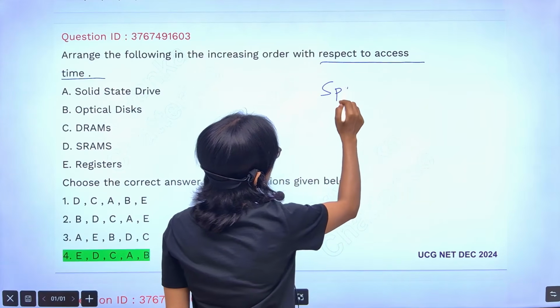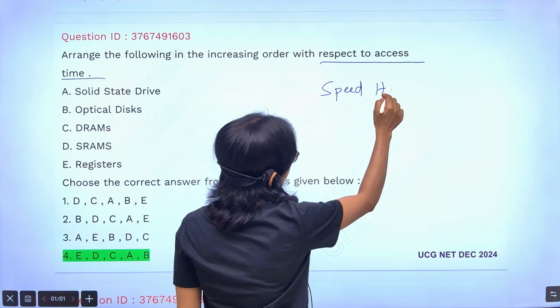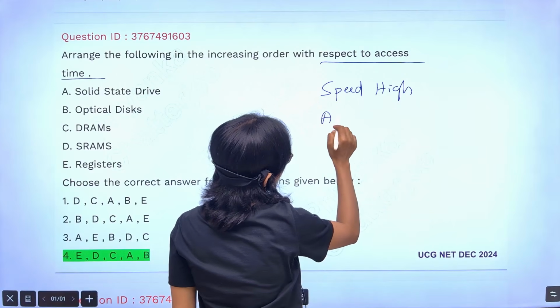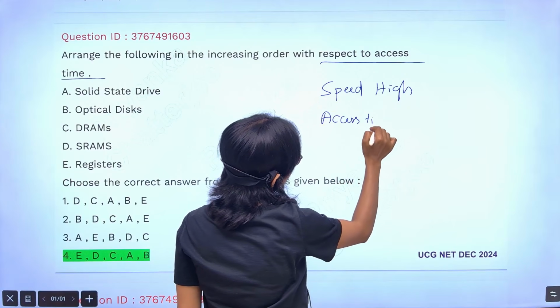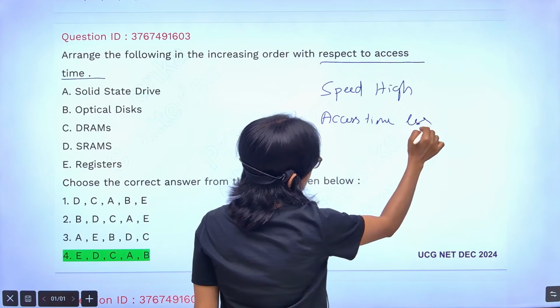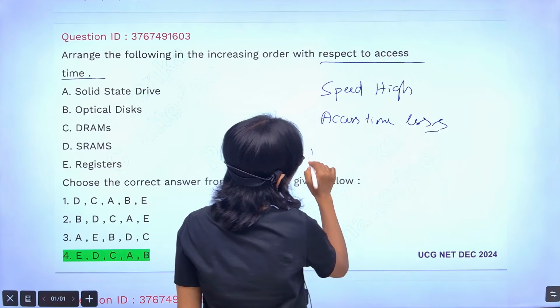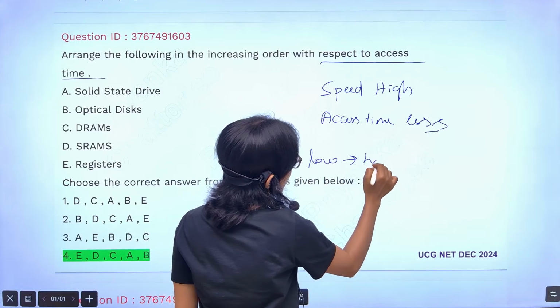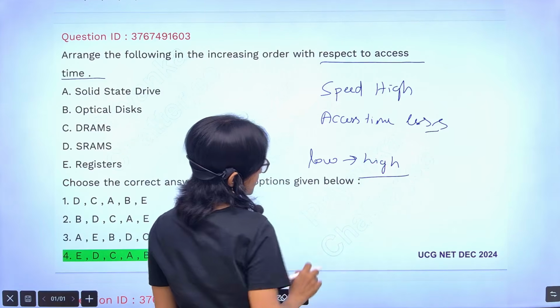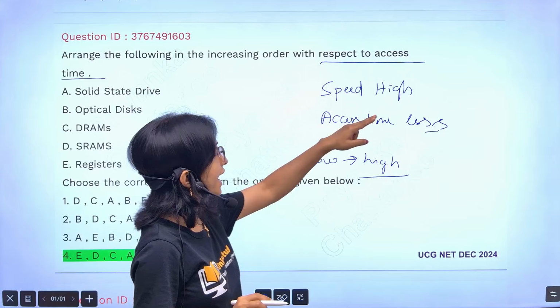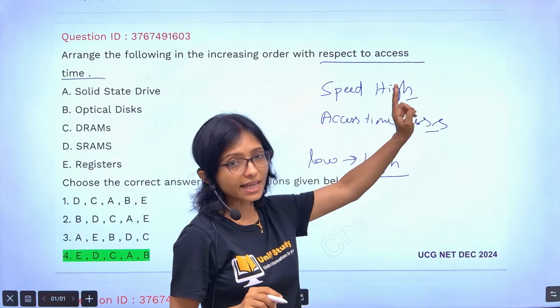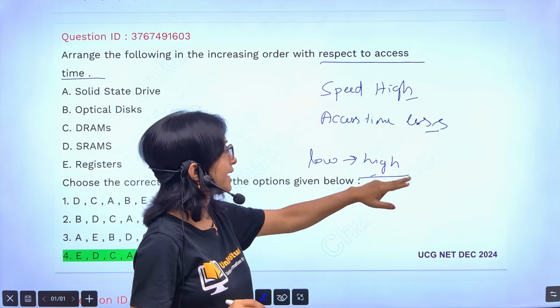Where speed is high, the access time is less, right? Increasing order means I have to go low to high. Register speed is high, that means the access time will be less.